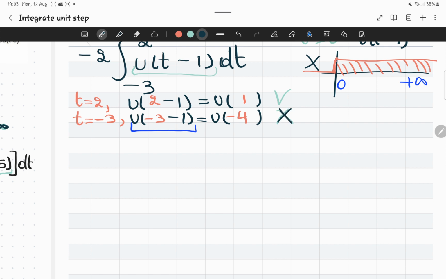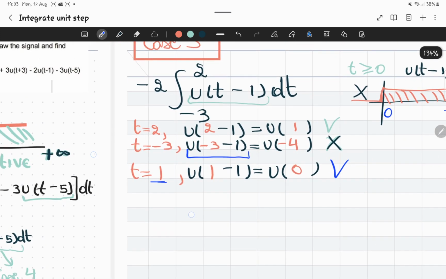So now we're going to pose a condition where the unit step here has to be equal to 0. So if I put 1 here, what is going to make this equation equal to 0? If I pose negative 1, 1 minus negative 1, which means t equals 1. So this one is verified, and t is equal to 1. Now this integral is going to change.